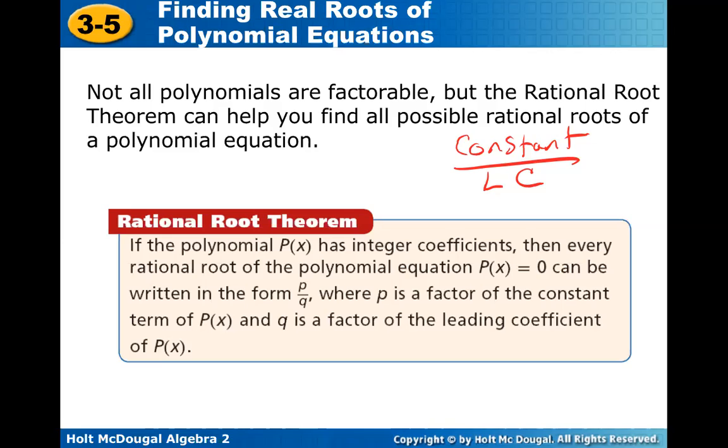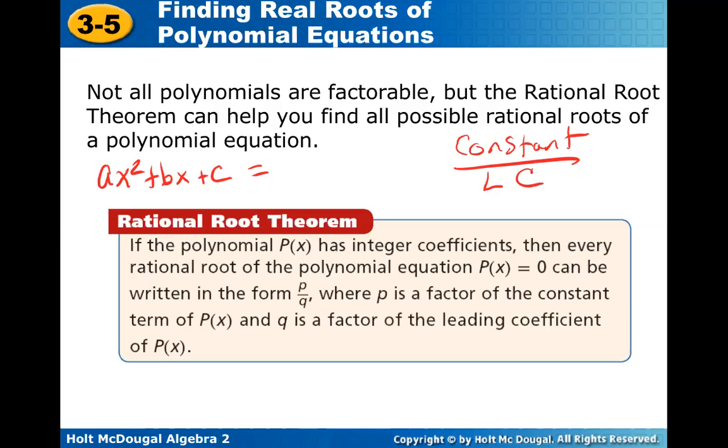If you think about it, I'll try to make a little more sense for you. One of the methods we used to solve quadratics in chapter 2 was factoring. And do you remember talking about something called the AC method to factor?